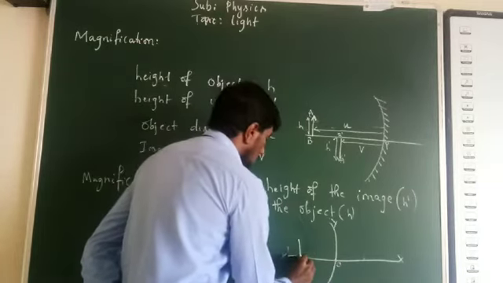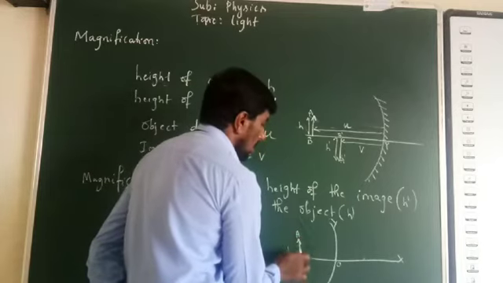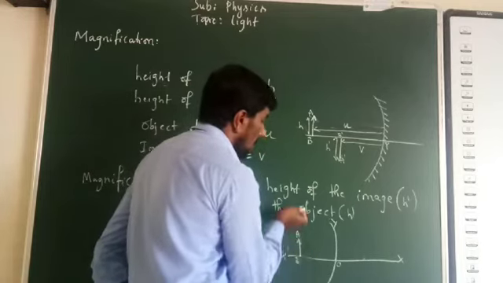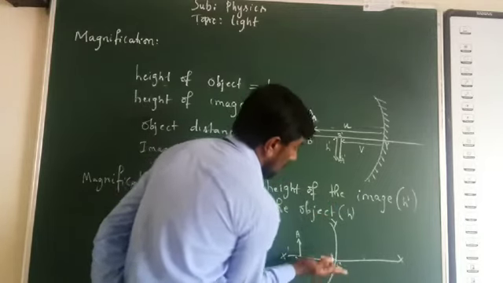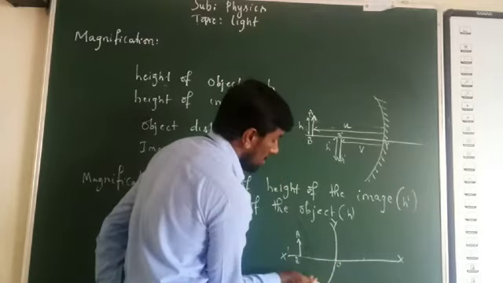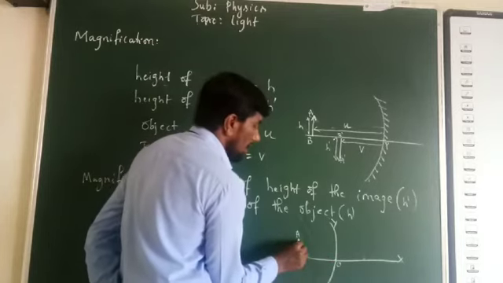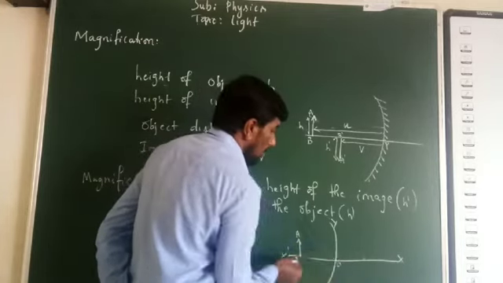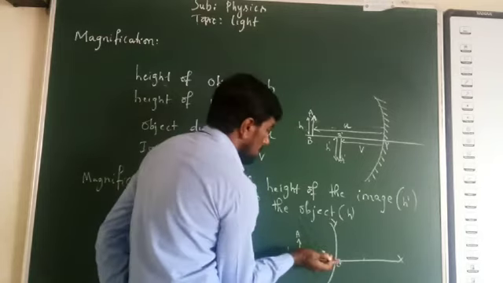Suppose this is the object, and this is the height of the object. Height is measured along the y-axis, so this is the positive y-axis and this will be the negative y-axis. If you keep the object on the negative side, you should take the height as negative. But you always keep the object upright like this, on the positive y-axis, so the height of the object is positive.